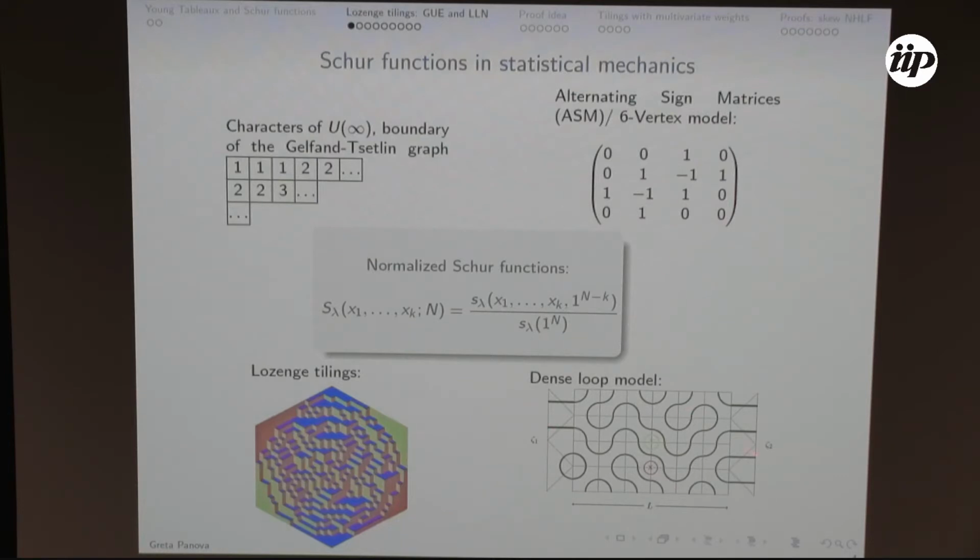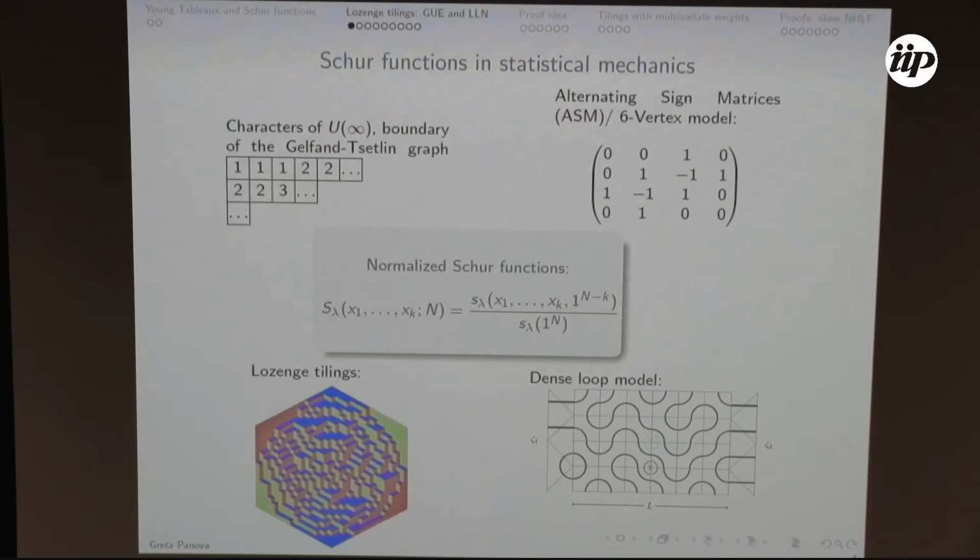In these cases, the connection is not very direct, and we can only get a little information out of these functions, but of course these models are much harder in a sense. But in the case of lozenge tilings, there is a very nice correspondence in combinatorics that is relating this to this model here.